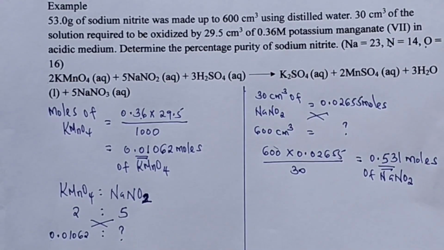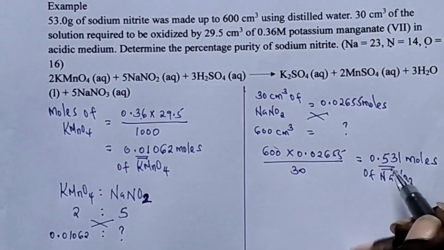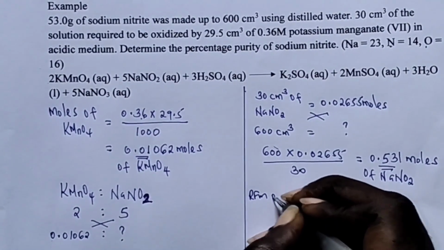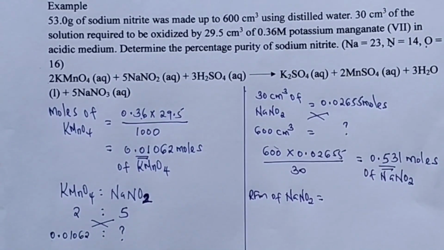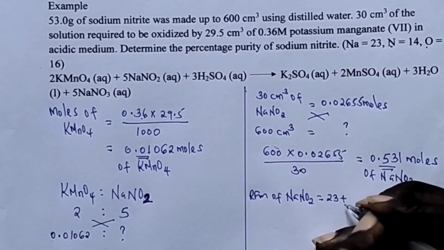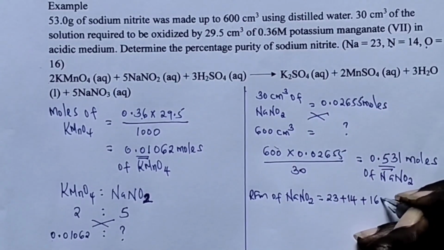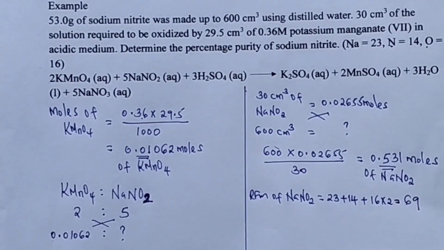Thereafter, next we have to get the RFM of sodium nitrite because we want the mass of sodium nitrite, and mass is given by moles times RFM. So the RFM of NaNO2 is 23 plus 14 plus 16 times 2. When we put all this together, we get 69 as our RFM.